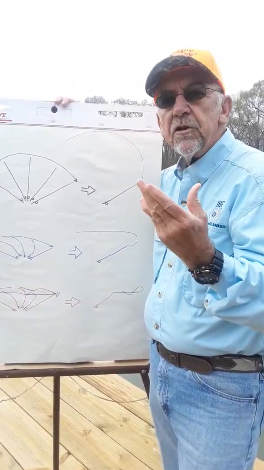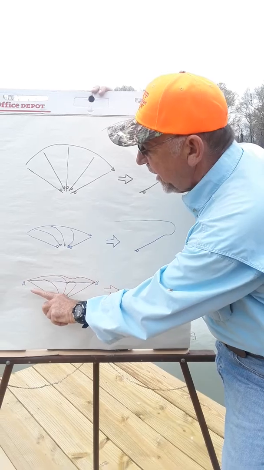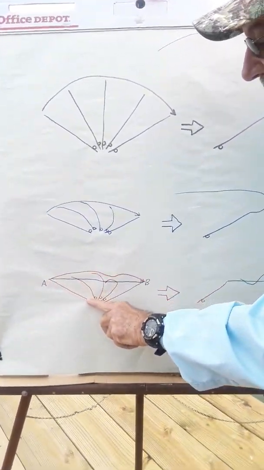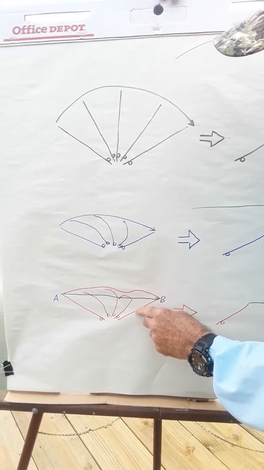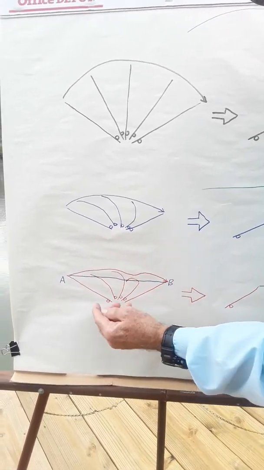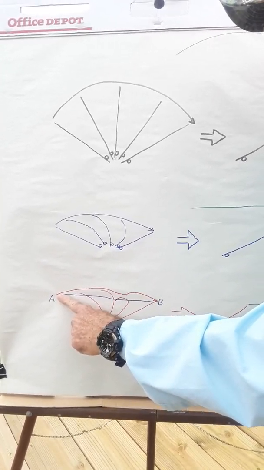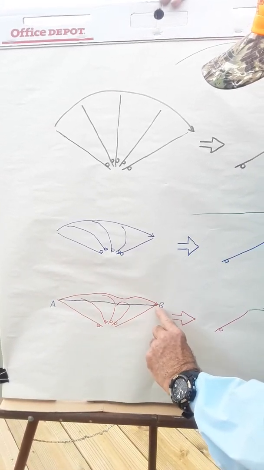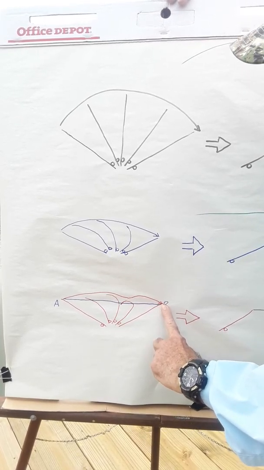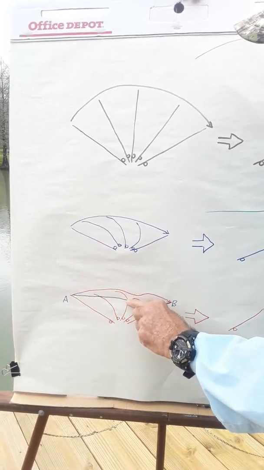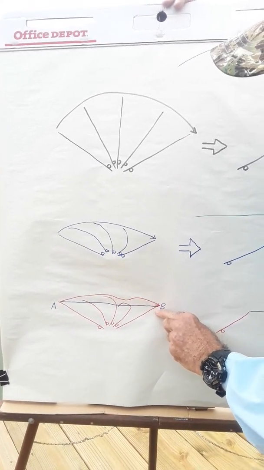So what do we mean by the straight line path of the rod tip? If this rod is the position of the rod on our back cast, and this is the position of the rod on the forward cast after we make a forward cast, the tip of the rod would be, say, point A. The tip of the rod here at the forward cast would be point B. If we draw a straight line, that's our SLP, or straight line path of the rod tip.